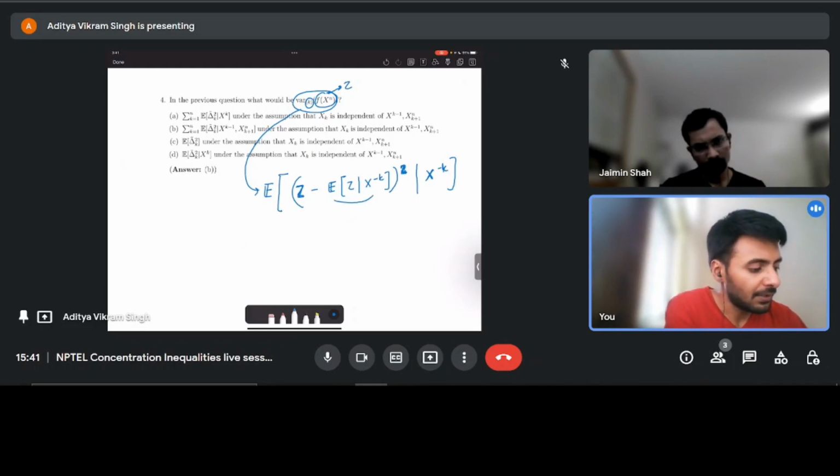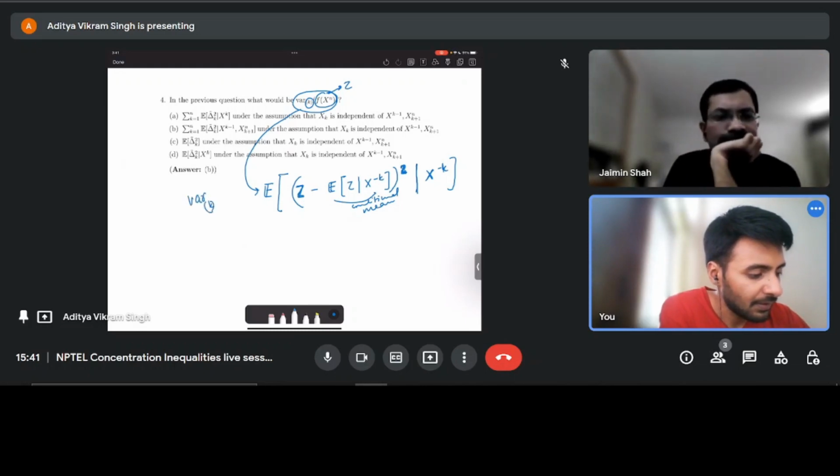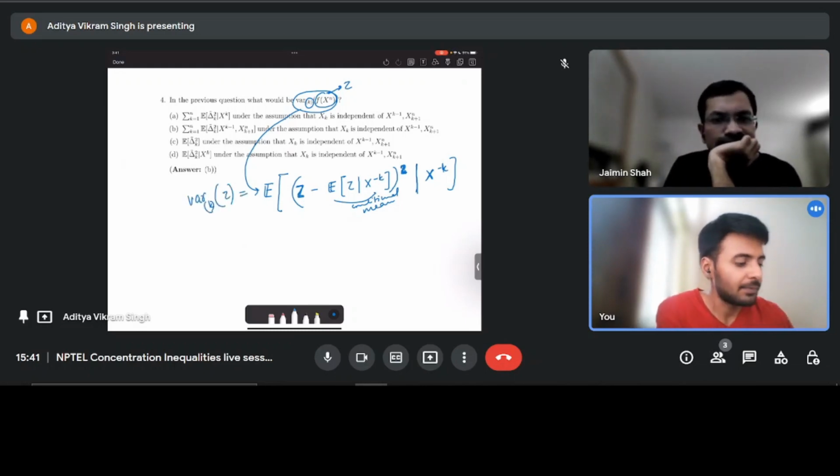So we are computing a conditional variance basically: z minus the conditional mean, the whole square, overall given x minus k. So this is variance k of z. That is why you had this extra expectation outside, because this is still a random variable. It depends on this x minus k, and so you take an extra expectation.